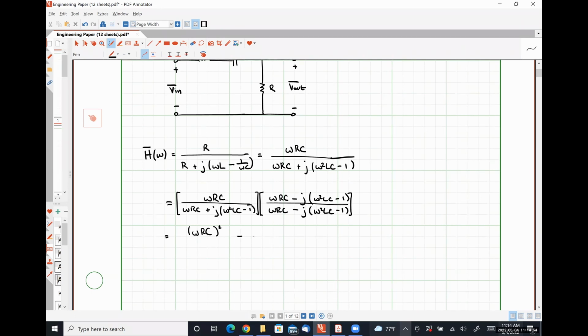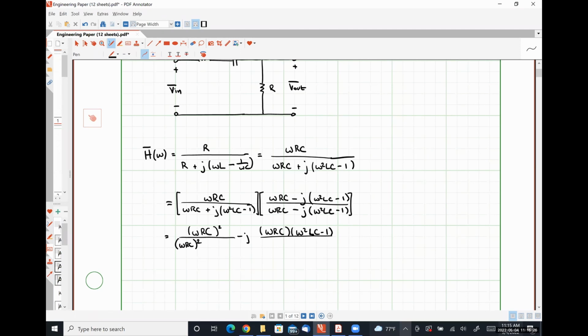I'll have a minus J, and then I'll have an omega RC times omega squared LC minus 1 in the numerator of my imaginary part. And then for my denominator, I'm going to have omega RC quantity squared.